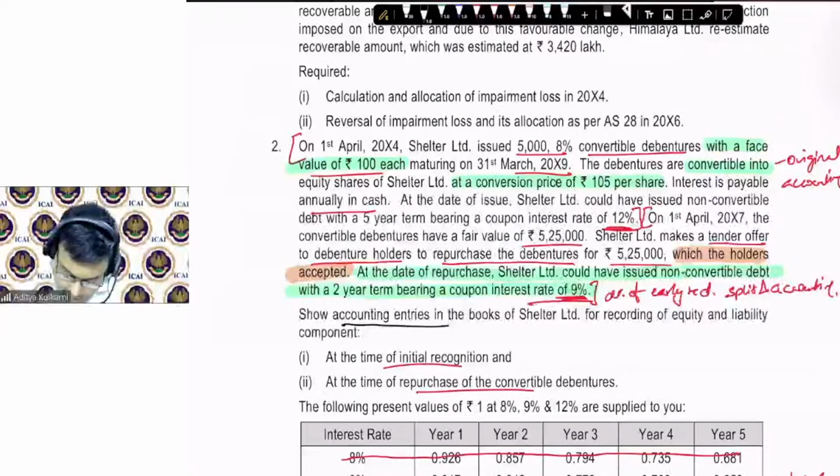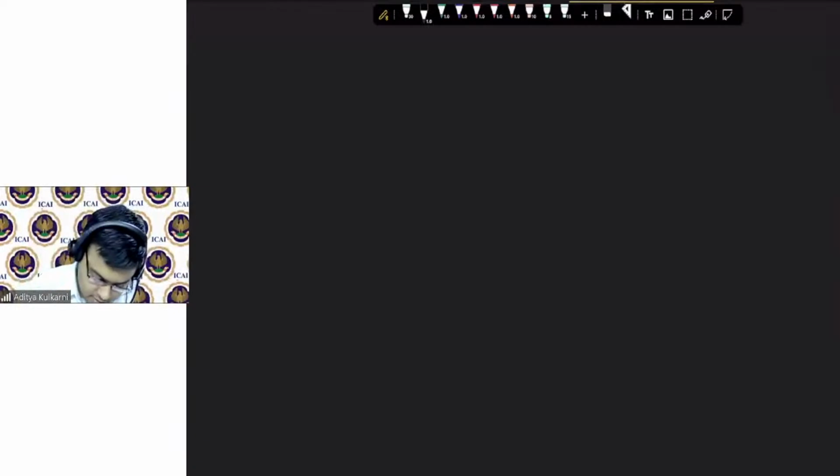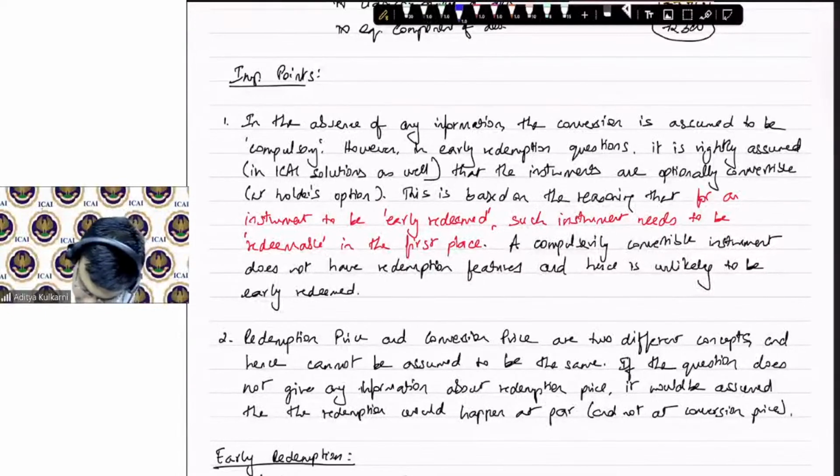Which one are you going to consider? Will I consider 12? Will I consider 9? Which one will you consider? 9%. Students can have a tendency to go wrong here.